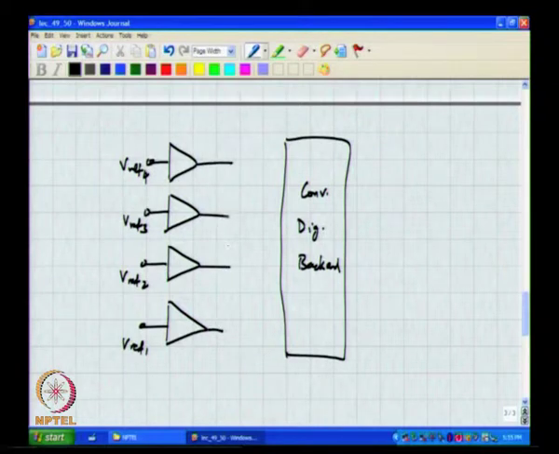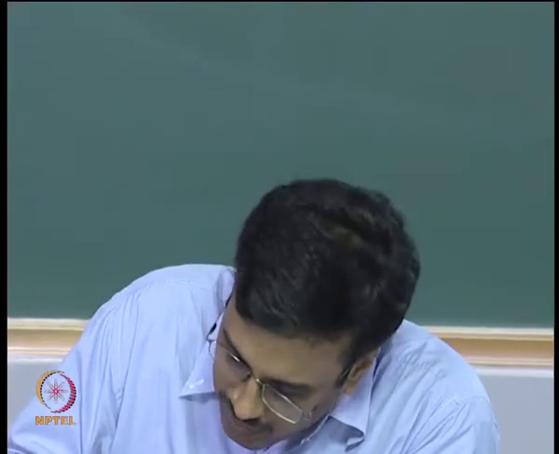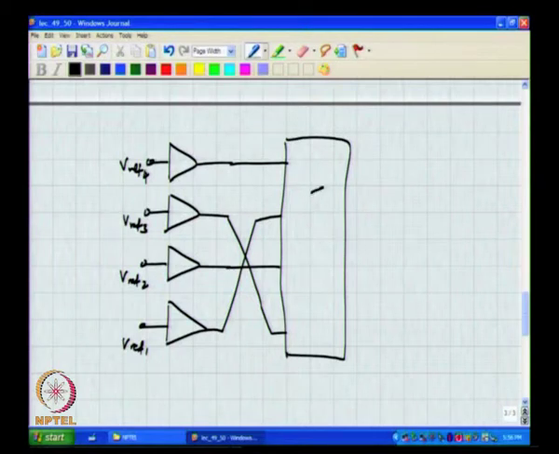If I now swap these two wires, for example, what do you think will happen? The output code will be in error, isn't it? Whereas instead of having the conventional digital backend, if I just simply added the number of ones in the thermometer, what would happen? There will be no change in the output code, correct.